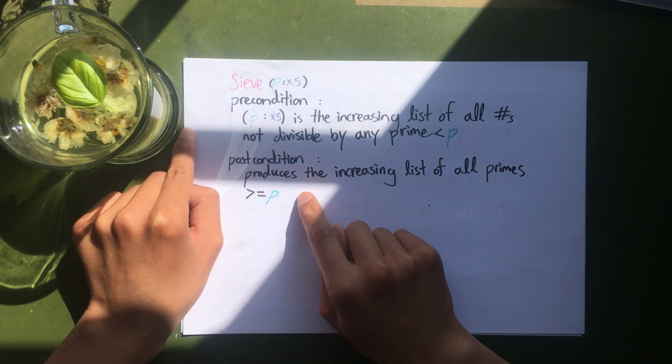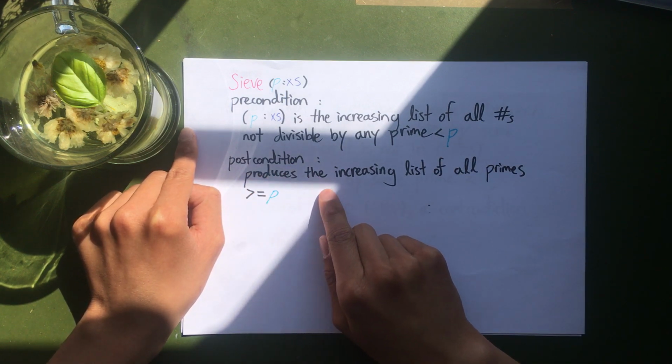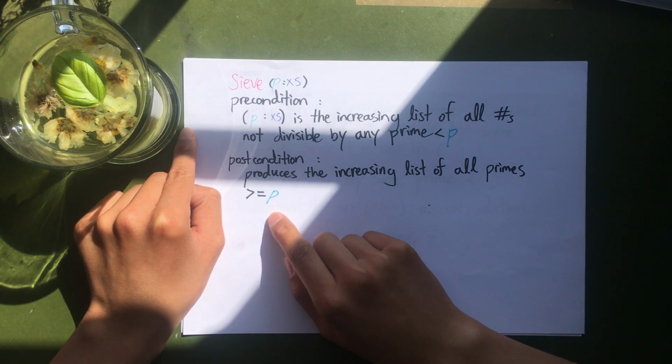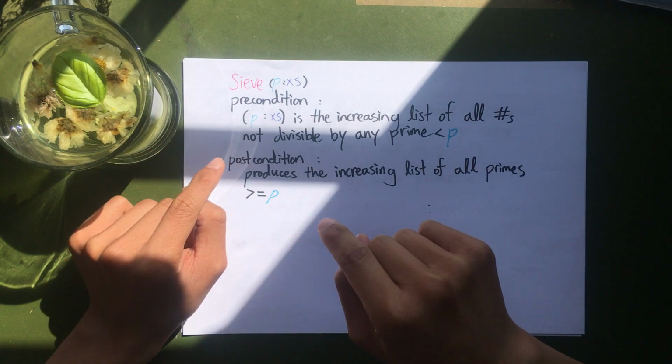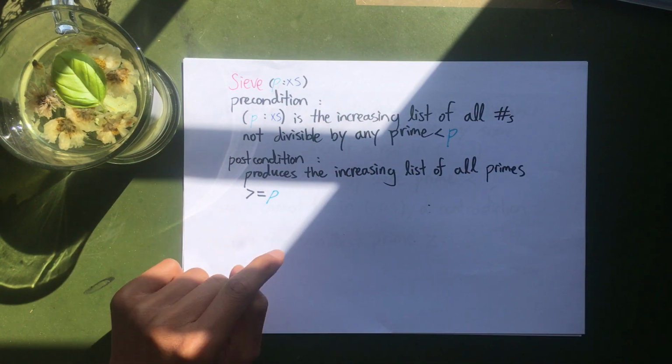And the postcondition is that sieve px's produces the increasing list of all primes greater or equal to p. So this is saying so long as the precondition holds, the postcondition should hold.